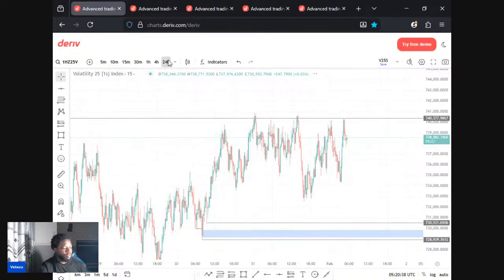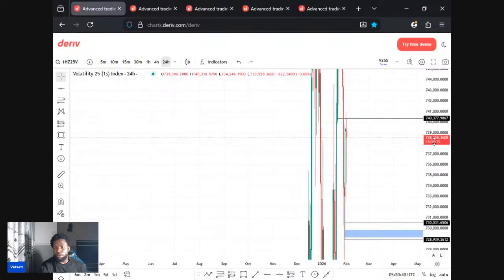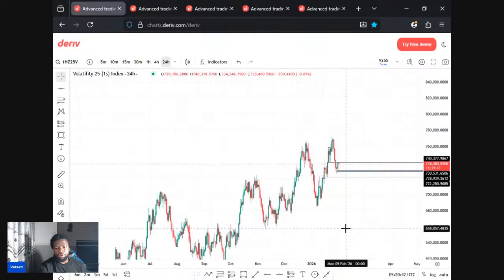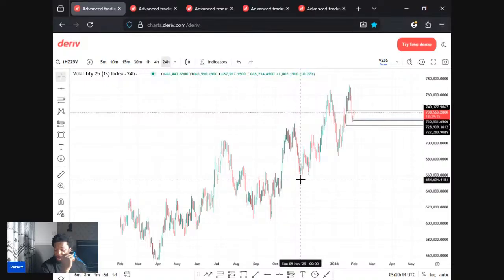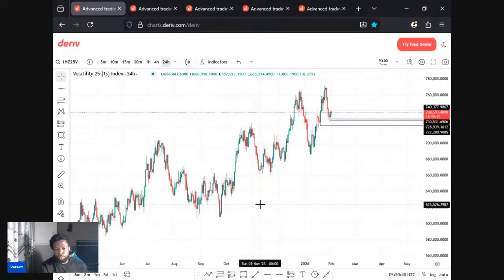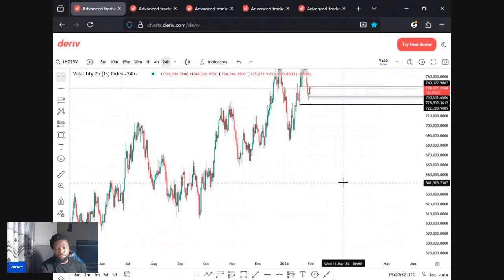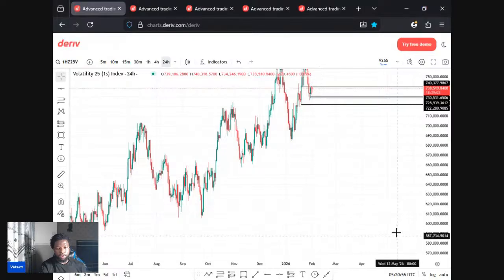Starting from the weekly time frame on V25 index, V25 index has been bullish on the weekly time frame. It has also been bullish on the daily time frame. So there's a daily time frame structure we've been anticipating for the longest. So let's mark it out.